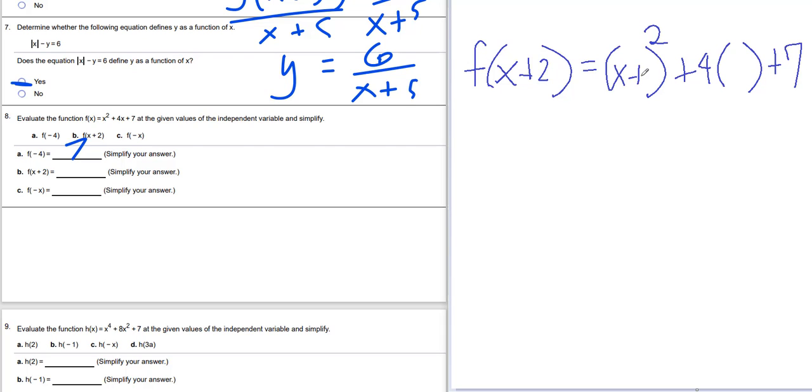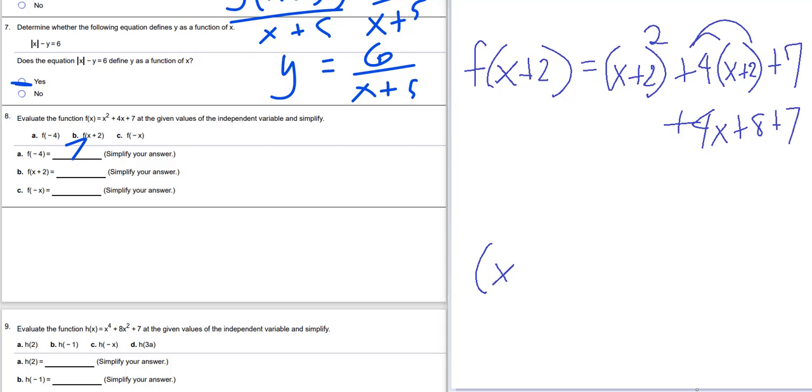The parentheses will remind me that I have other operations I have to do here. For example, this one's the easy one. That's distributive, 4x plus 8 and then plus 7.